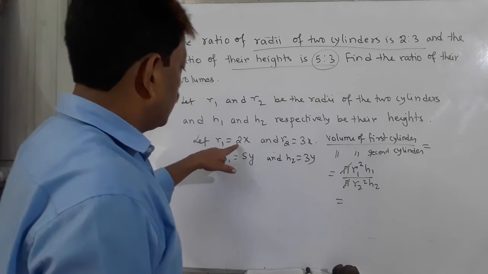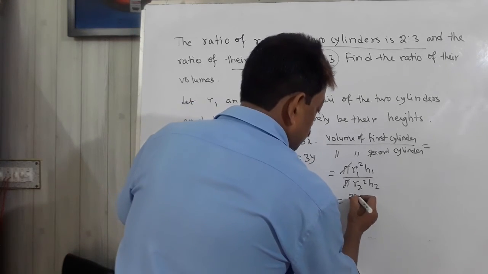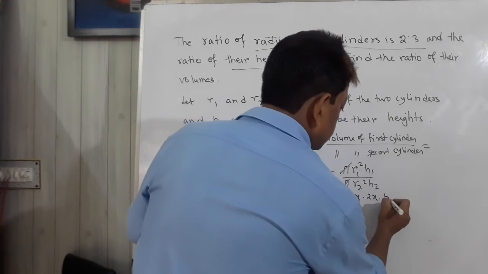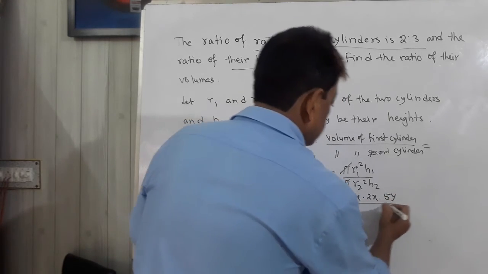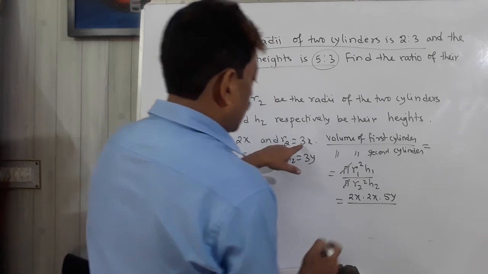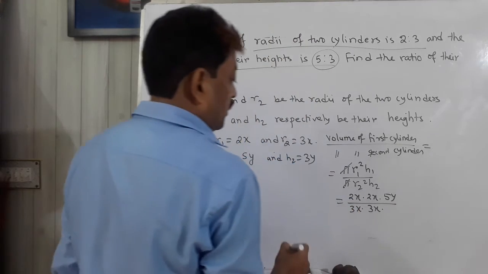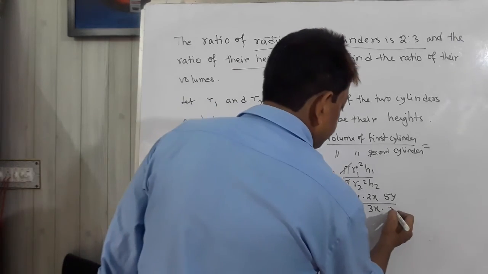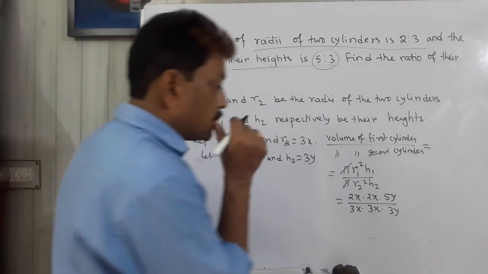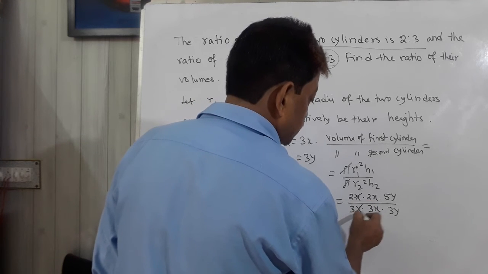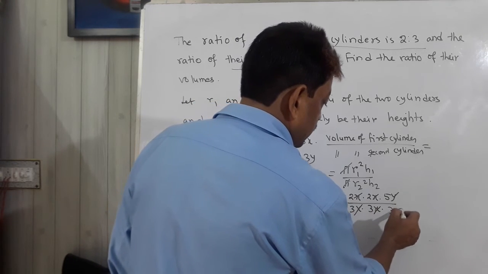R1 square, R1 is 2x, so 2x multiplied with 2x, and H1 is 5y, divided by R2 square, R2 is 3x, so 3x multiplied with 3x, and H2 is 3y. So all these constants, x and y, are cancelled.